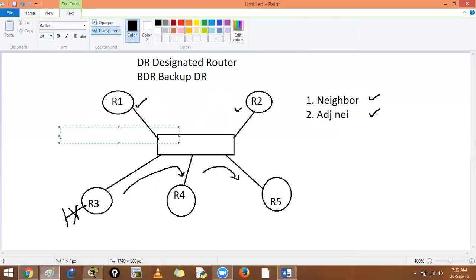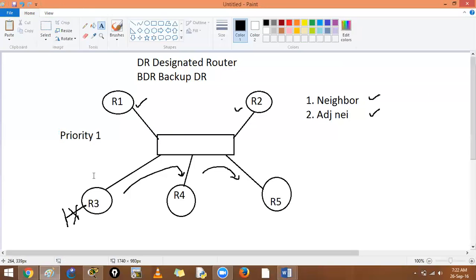And by default, there is a priority on these links that is by default set to 1. If you want this router to be elected as a DR, you can choose any number from 0 to 255. So this time, if you want him to be elected as a DR, you can change his priority to 2 and 3, rest all to 1.